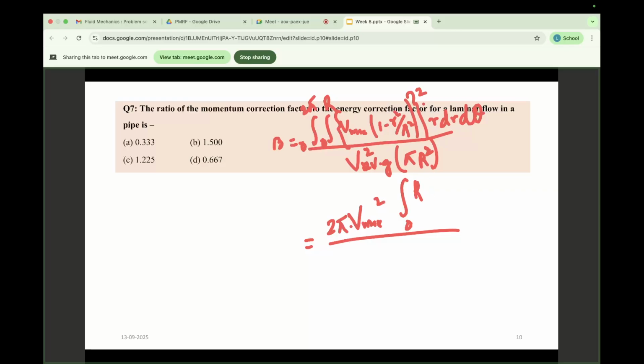If V max comes out, I have to integrate this one: 1 minus r to the power 4 by capital R to the power 4 plus minus 2 r square by R square, this whole into r dr. So that will be the term.